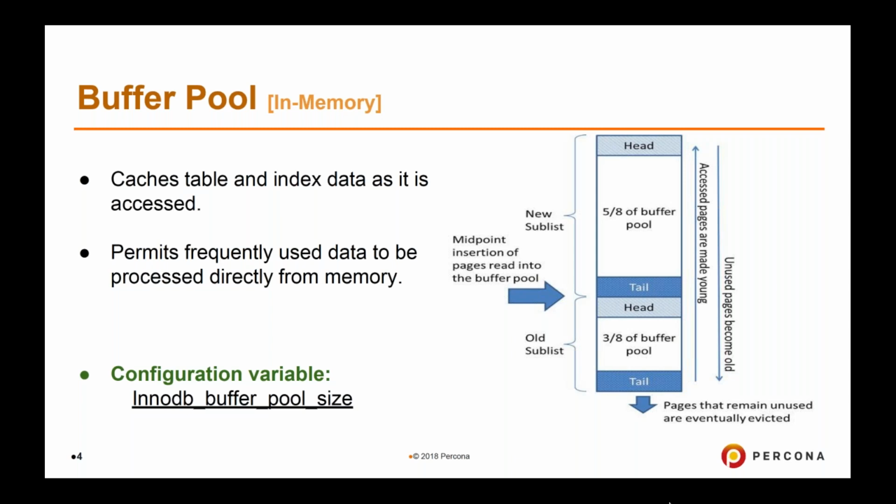It can be set up to 80% of your total RAM, but I would suggest starting from 50% because there is a possibility that other OS resources may need memory. So it's not a good idea to start directly from 80%.